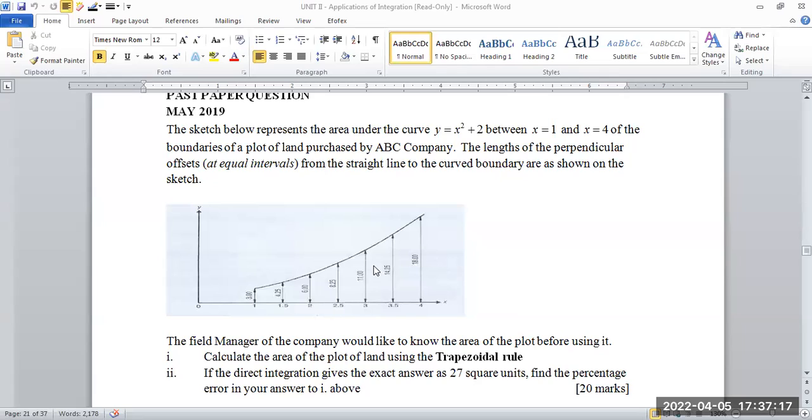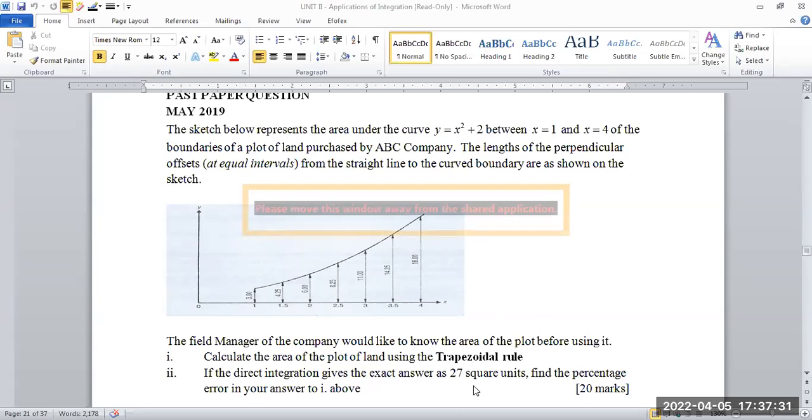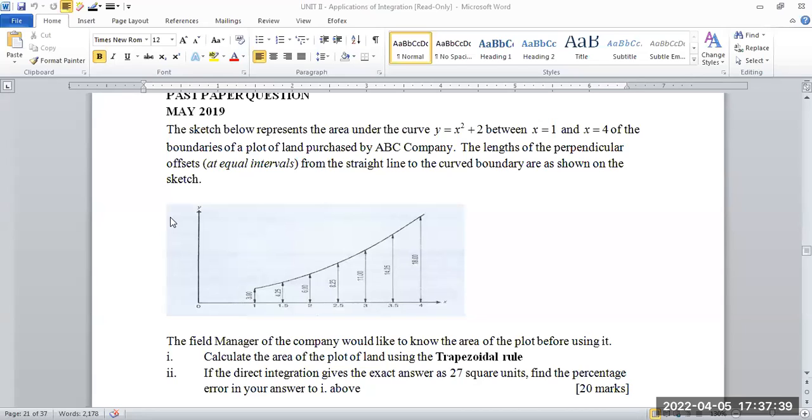And this is May 2019. The sketch below represents the area under a curve y equals x squared plus 2 between x equals 1 and x equals 4, of the boundaries of the plot of land purchased by ABC Company.